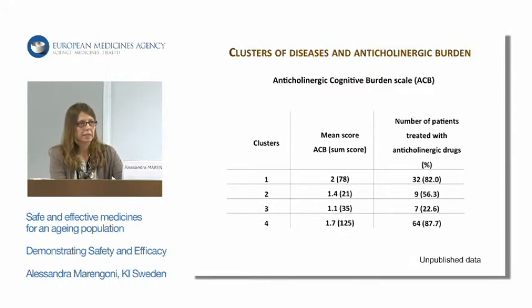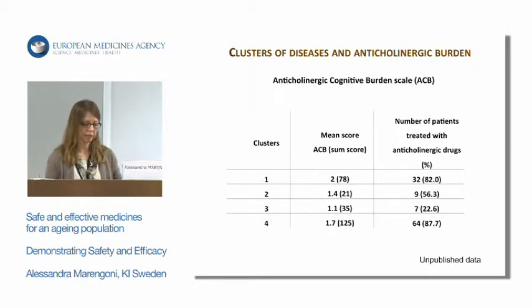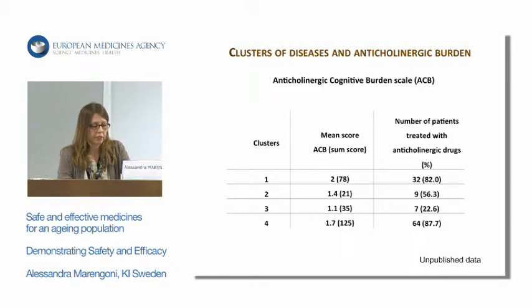Finally, from the same study, some unpublished data that I just received yesterday. In the first column, there are 4 clusters. It doesn't matter, I think, at the moment which diseases are included in these clusters, but the point is that we have calculated, according to the anticholinergic cognitive burden scale, the number of patients and the percentage of patients treated with anticholinergic drugs.